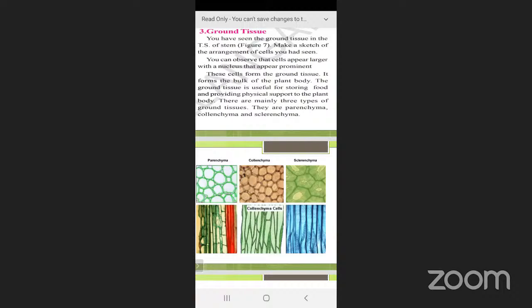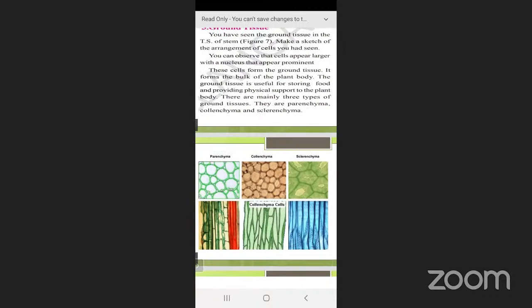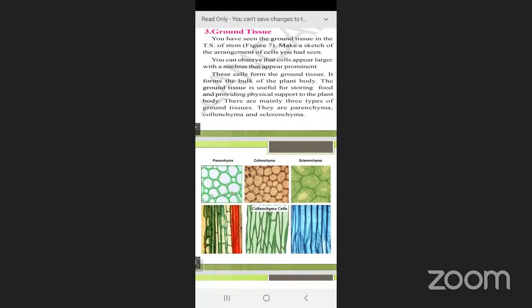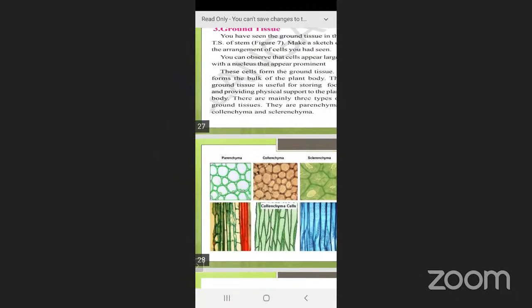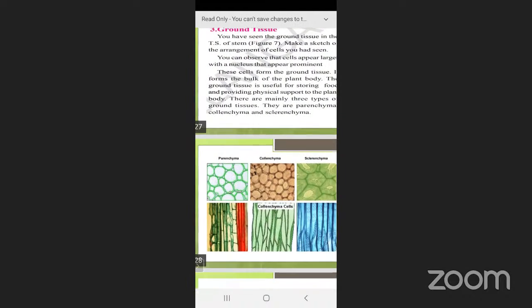There are mainly three types of ground tissue. Don't confuse them: parenchyma, collenchyma, sclerenchyma. What are they? Okay, see here, the tissue is divided into three different types: epidermis, mesodermis, endodermis.